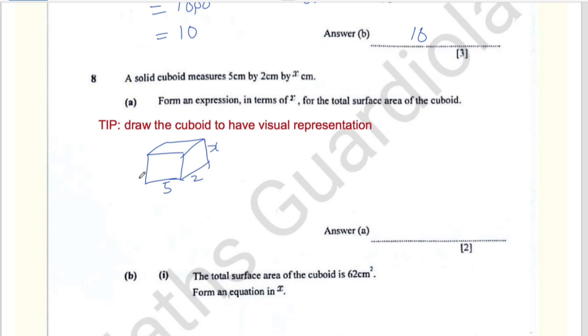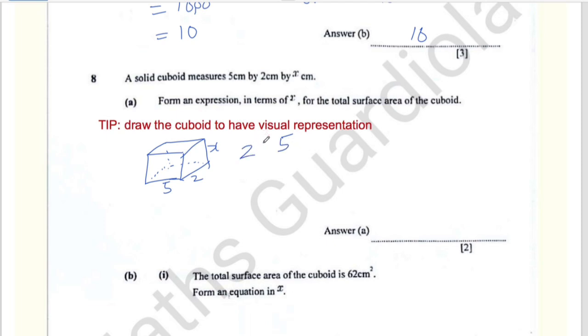Now, we've drawn our cuboid, 5 times 2 times x. We need to find an expression for the total surface area. From the way the shape is arranged, the cuboid has 2 faces which are equal for each pair. The face facing us has an equal face behind.